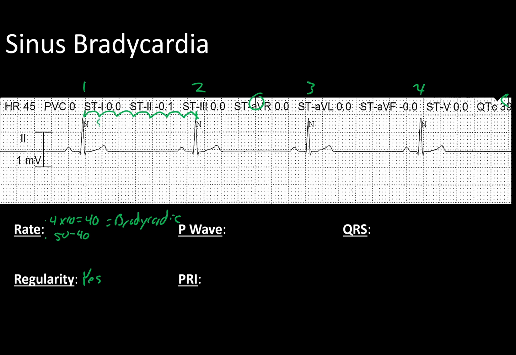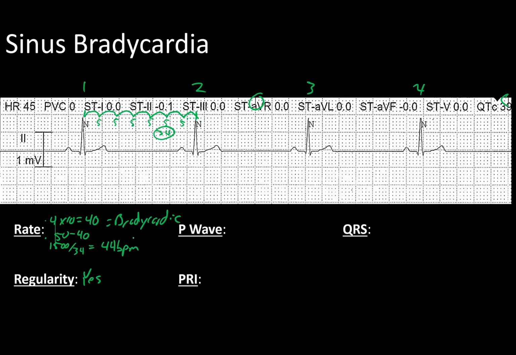So I've got 5, 10, 15, 20, 25, 30, 31, 32, 33, 34. So 1500 divided by 34 gives us a heart rate of 44 beats per minute.